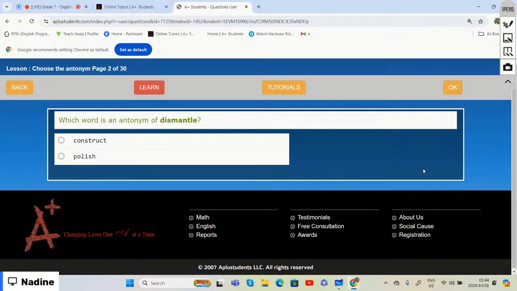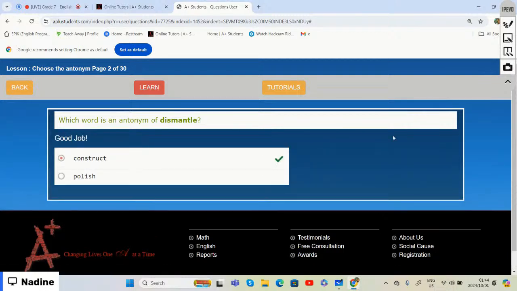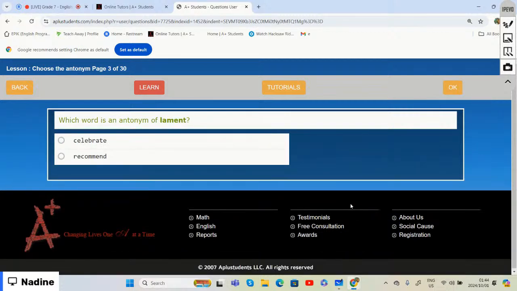And the opposite of dismantle, right, is to construct, because dismantle is like taking things apart. So construct. Well done.